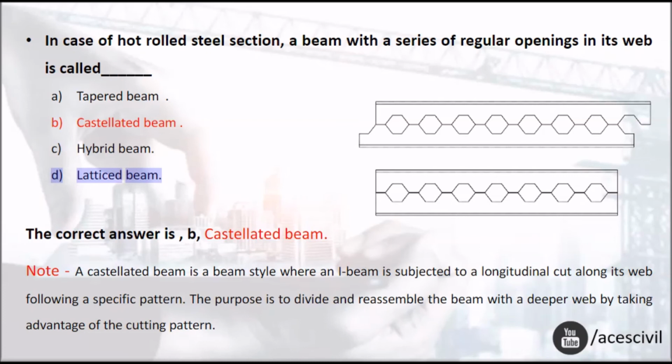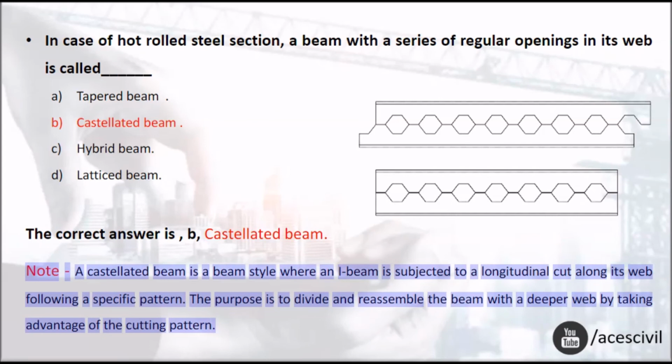D. Latticed beam. The correct answer is B. Castellated beam. Note: a castellated beam is a beam style where an I-beam is subjected to a longitudinal cut along its web following a specific pattern. The purpose is to divide and reassemble the beam with a deeper web by taking advantage of the cutting pattern.